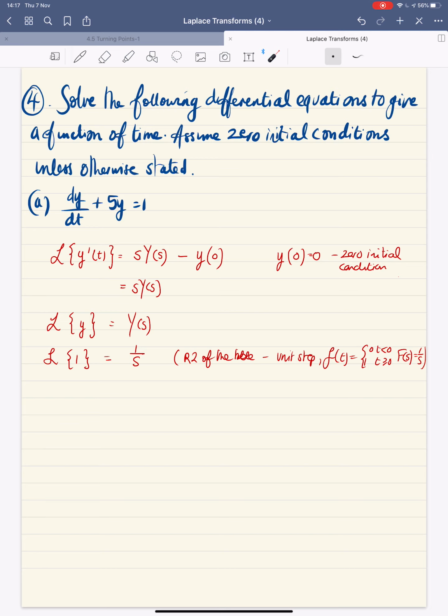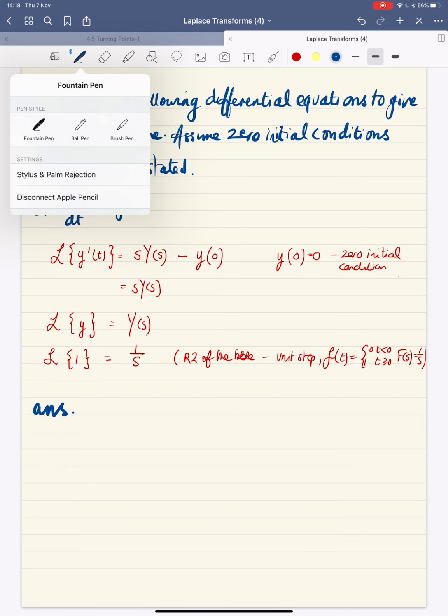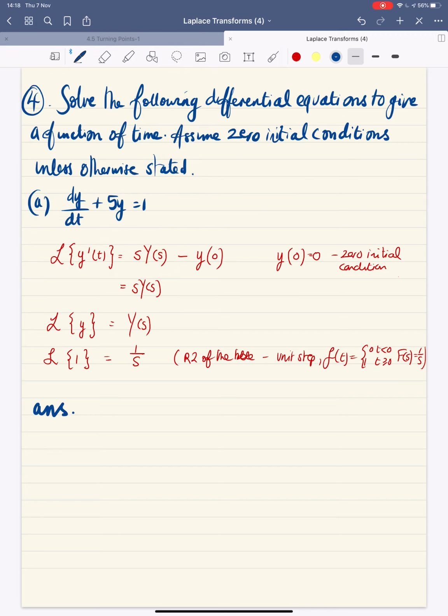So we substitute these in. Right, dy dt is s Y of s, plus 5 of these y's, plus 5Y of s equals, and the right hand side is 1 over s.